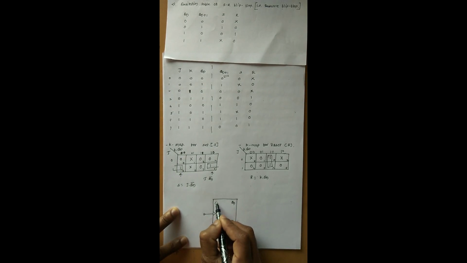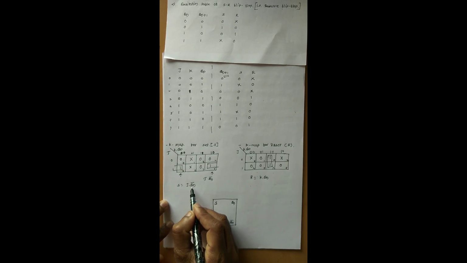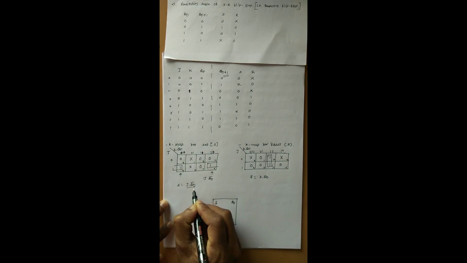So for the set we need J into Qn bar. So we'll use the relation defined by the AND gate. So we will use here an AND gate. And another input to the AND gate is from the Qn complement.